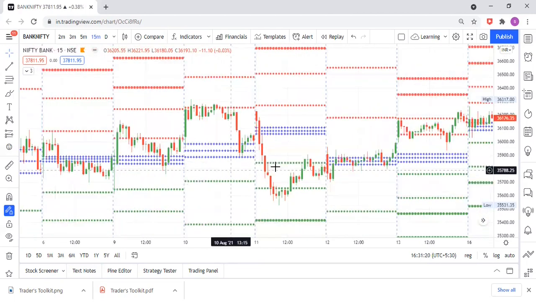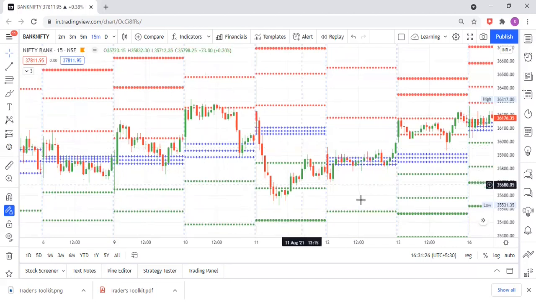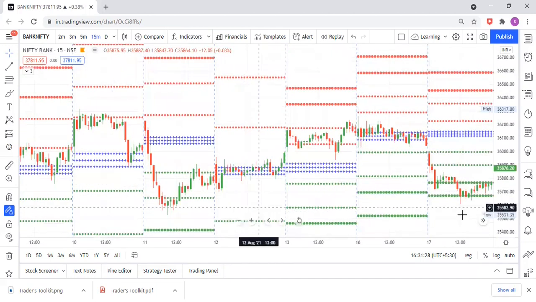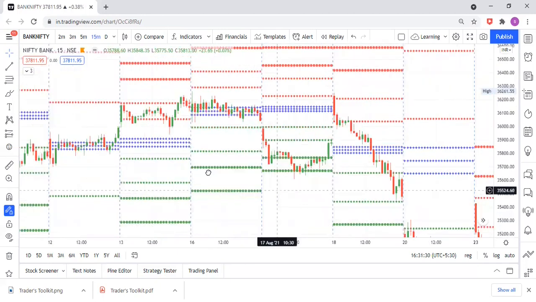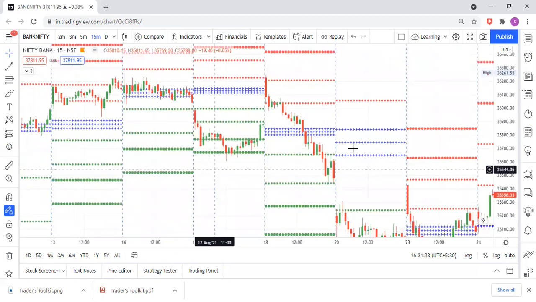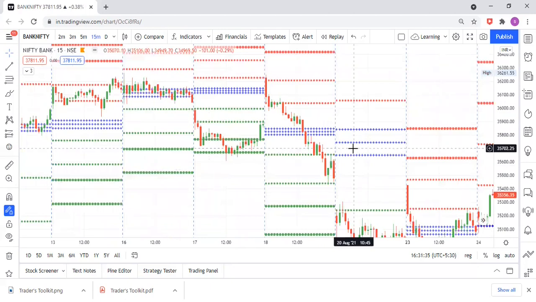All right, like this, for 4 days continuously the market is range bound, and suddenly it went to a trending day, right? You can also apply these to any of your instruments, and see whether this particular CPR trick, considering the shape of the CPR, works for you or not.